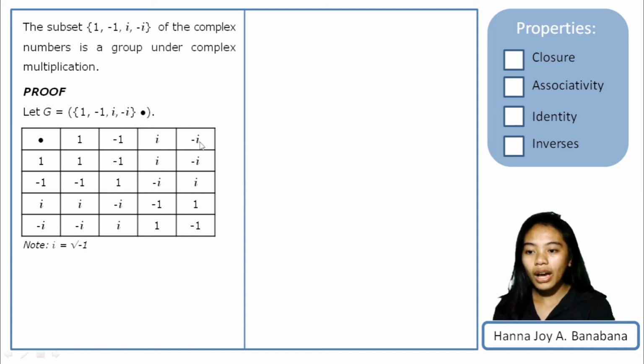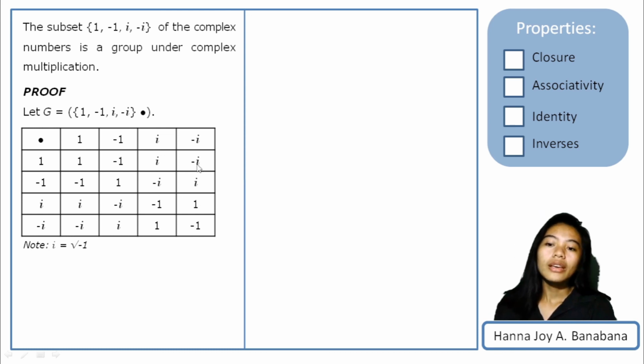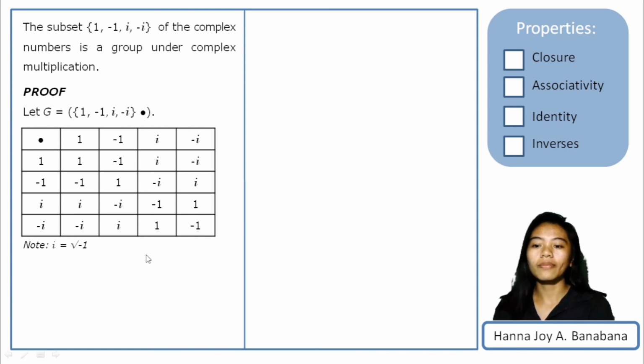And negative i times i is 1. Why is that? Because one of them will just become a negative number. So as we can see in the table, all of the elements are still found in the set.